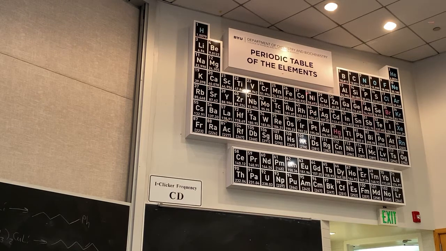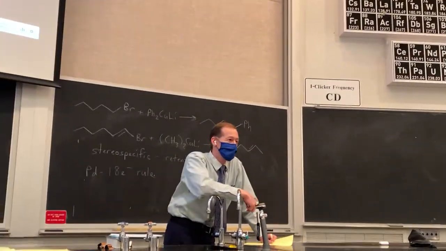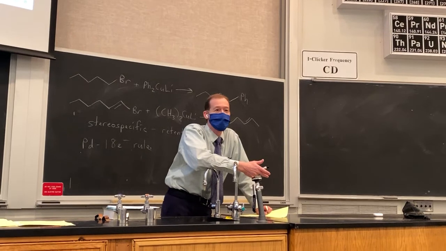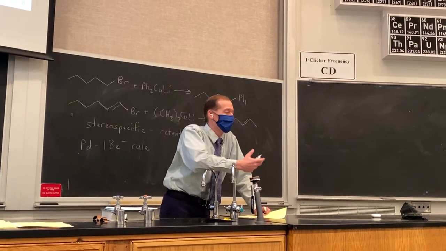So we see that palladium is going to be in our 10th column of the periodic table. So how many valence electrons does an isolated palladium atom have? 10, exactly. By virtue of being in column number 10, it has 10. How many does it want? It wants 18, so it wants access to 8 more electrons.